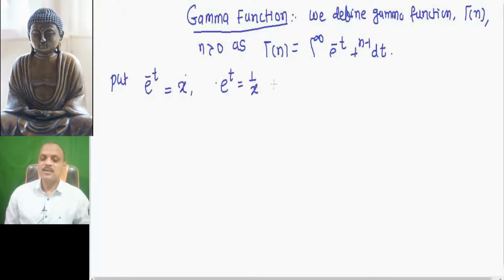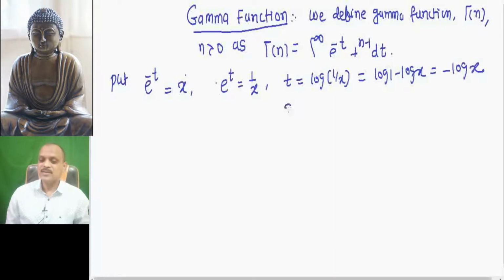Taking log, we have t equal to log of 1 divided by x, which is log of 1 minus log of x. Log of 1 is 0, so t equals minus log of x. Then dt equals minus 1 divided by x into dx. This is the value of dt.